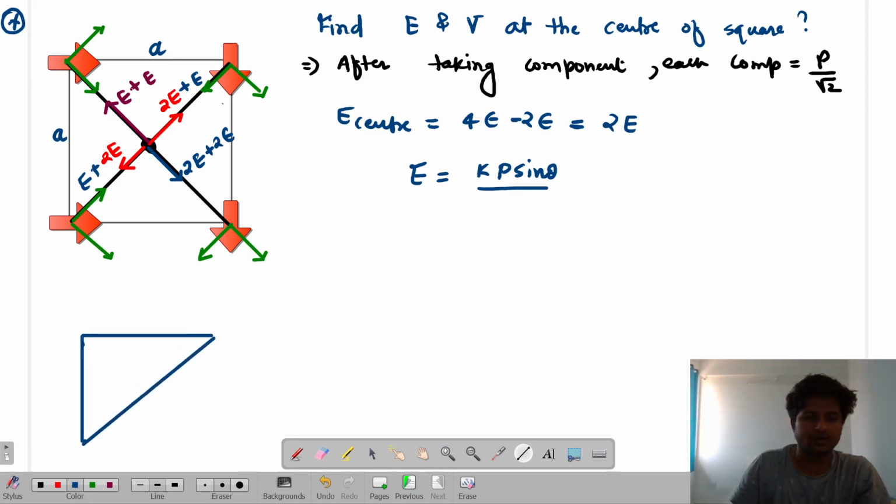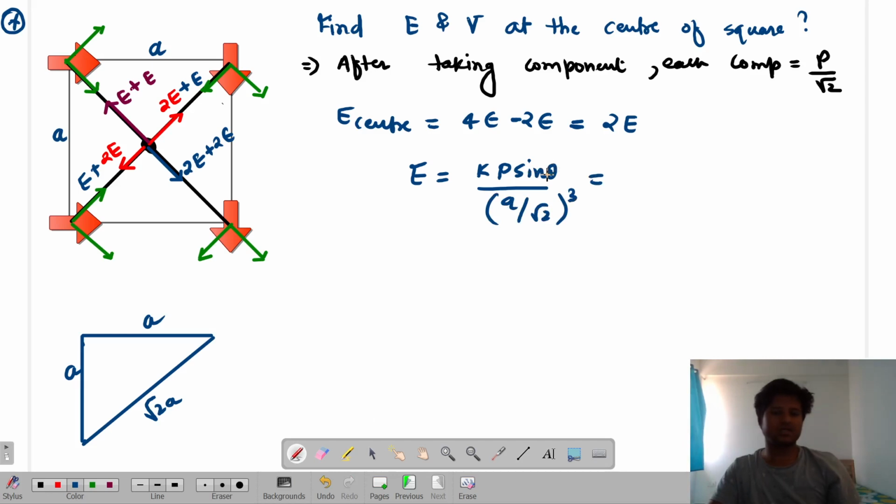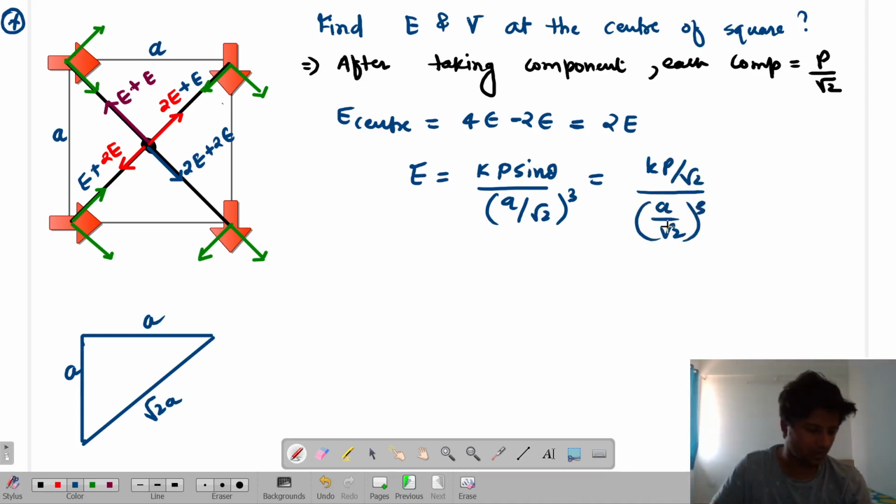This is root 2 A or not? So then half of it will be A by root 2. So A by root 2 whole cube. Are you able to get me? Sin theta, that theta is 45. So it is Kp by root 2 into A by root 2 whole cube. Are you able to get me?